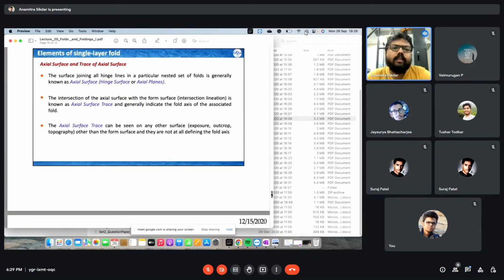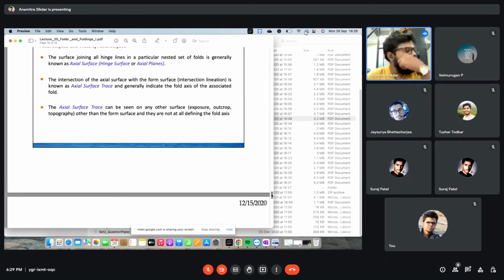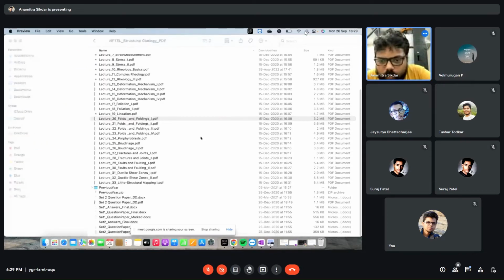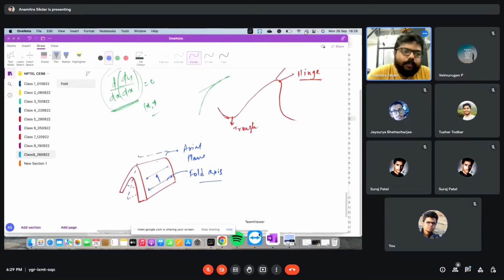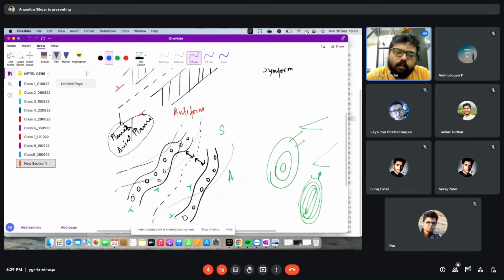The axial surface trace is basically like I was telling. Suppose in the field, you don't see folds like this. What we see in the field is somewhat like this. So this is one outcrop, and you are getting this repetition of beds. So you might suspect that there might be a fold. This can be a fault.